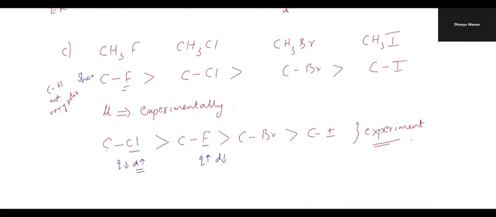So the expected order is this, but in reality, this is the order. You must remember this. How has it been proved? It has been proved by experiments. So please remember, this is one important question. Here CCl dominates over CF in polarity.